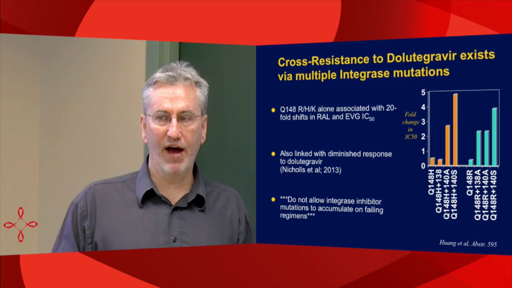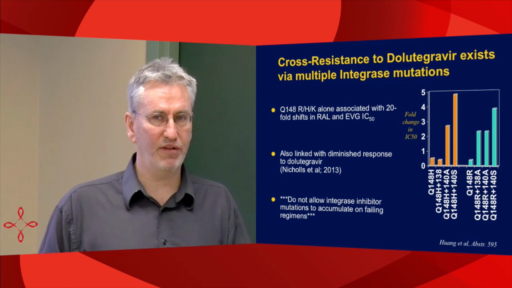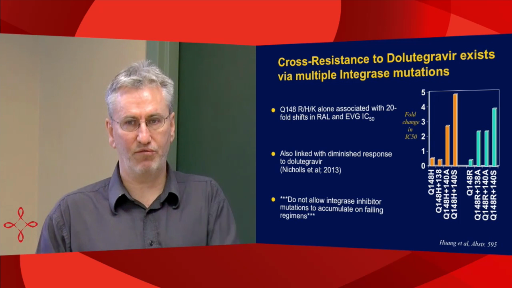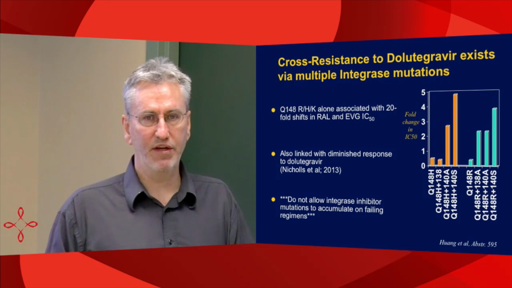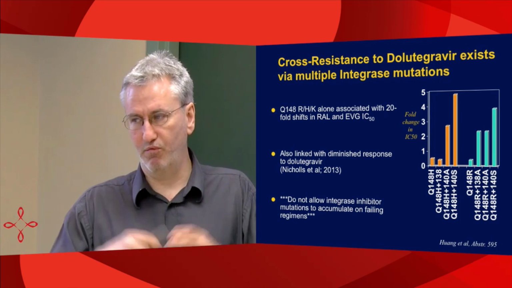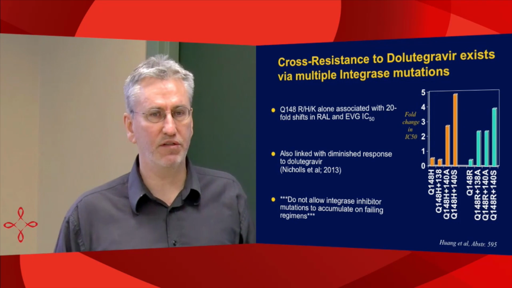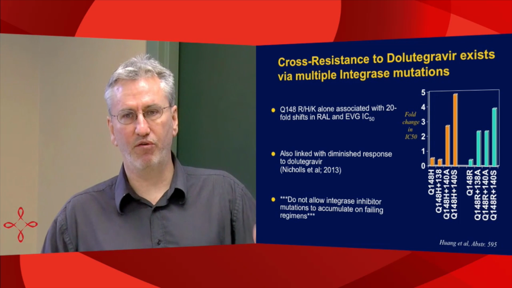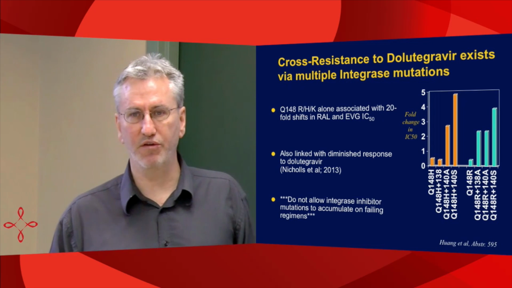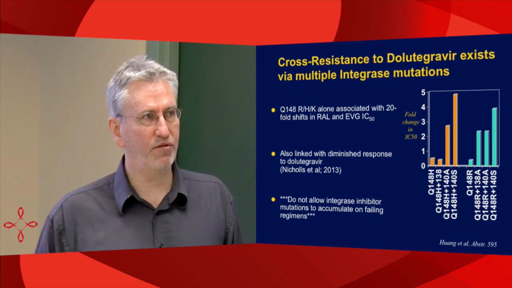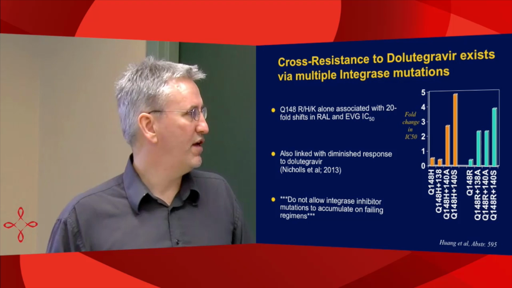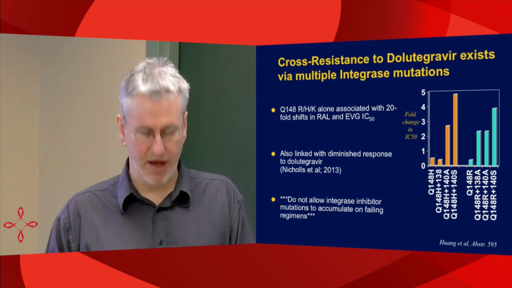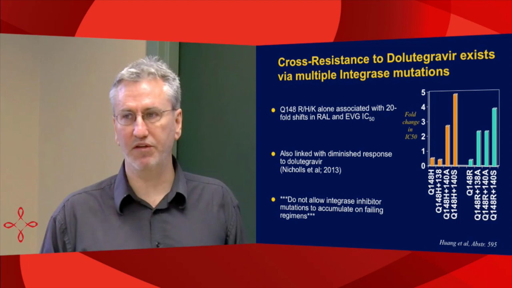So if you do have them, let us know, and you can ask us to grow up the virus in culture, and we'll phenotype it and add to our knowledge of what causes resistance, what's the explanation for resistance to these newer drugs. And the same thing's true for HCV as well. We don't really know all the ways that you can fail and pick up resistance to the HCV drugs for the most part.